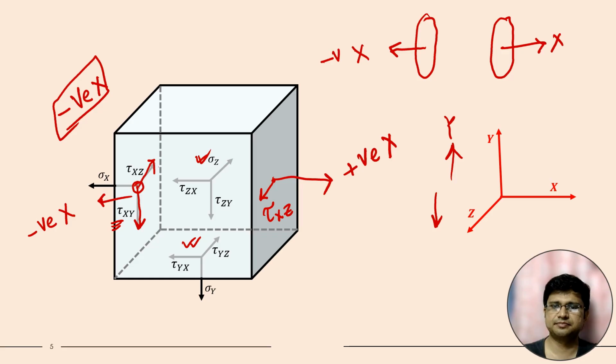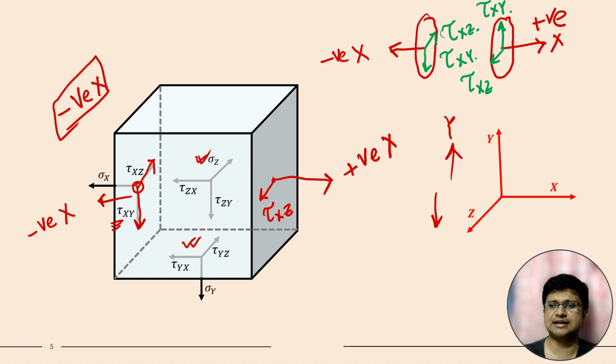For the positive x plane, if the shear stress is acting along positive y, then it will be tau xy, and if it is acting along positive z, then it will be tau xz. Similarly, for the negative plane, if the shear stress is acting along negative y direction, then it will be tau xy, and if it is acting along negative z direction, then it will be tau xz. So this is the logic.